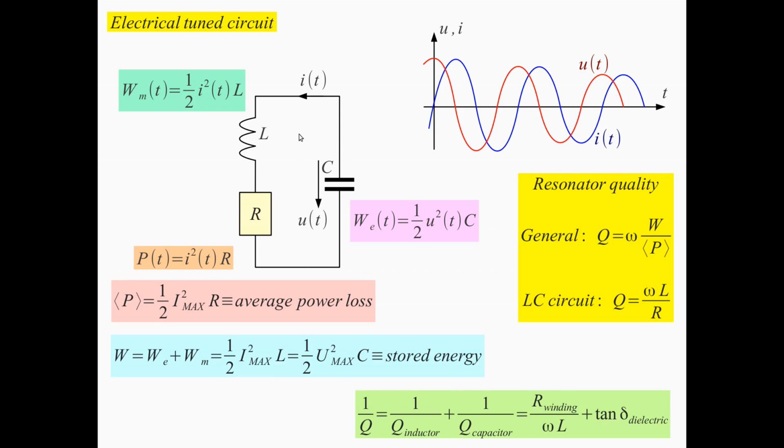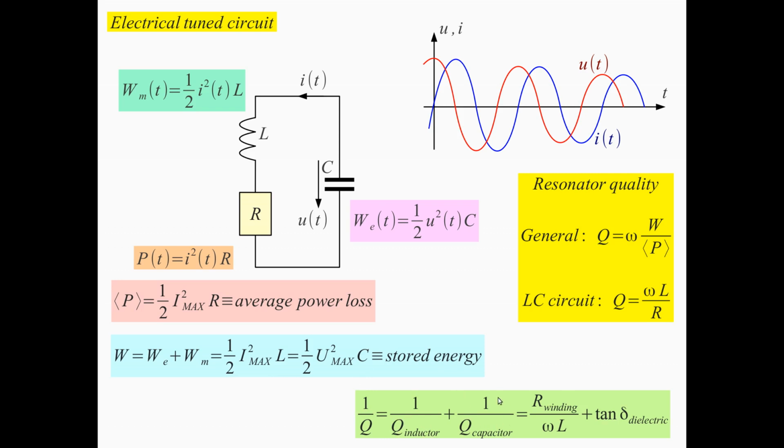The Q of the overall circuit, as I told you, depends on losses in both the inductor and the capacitor. The inverse values of the Q add together: the inverse of the quality of the inductor and the quality of the capacitor. I could define this separately, but it's only the inductor that's usually important. The capacitor loss is much smaller.